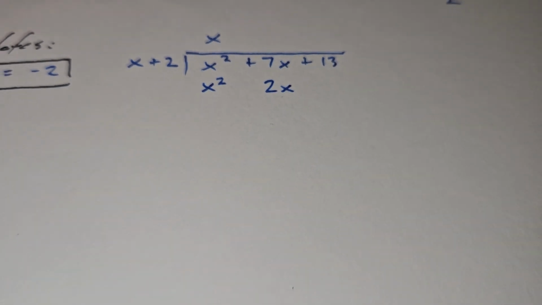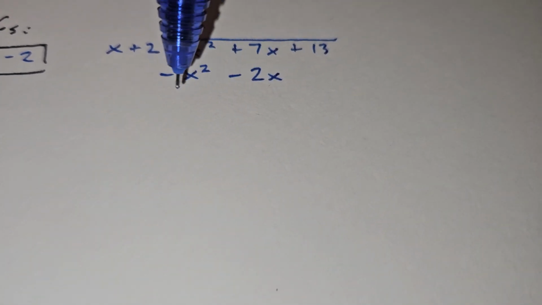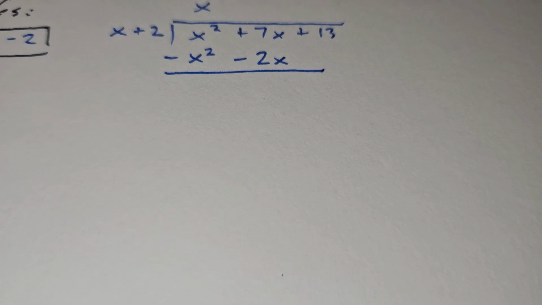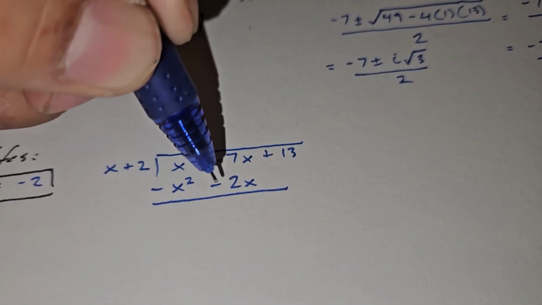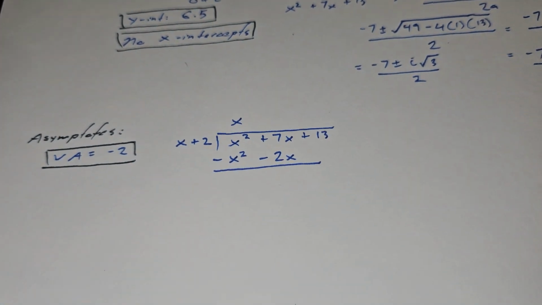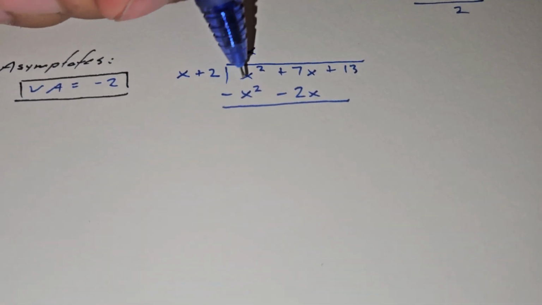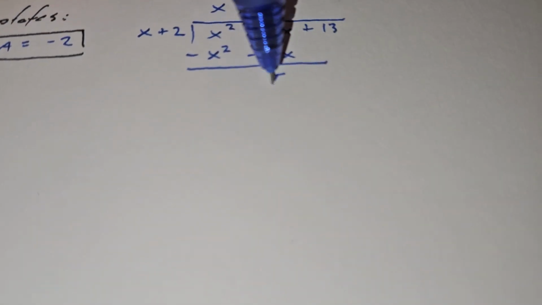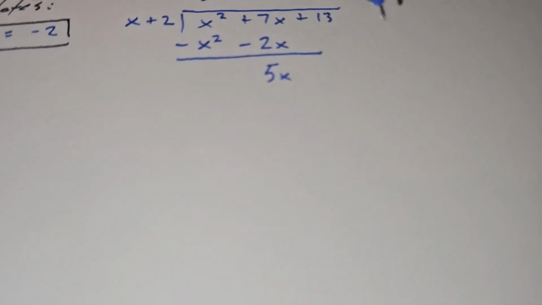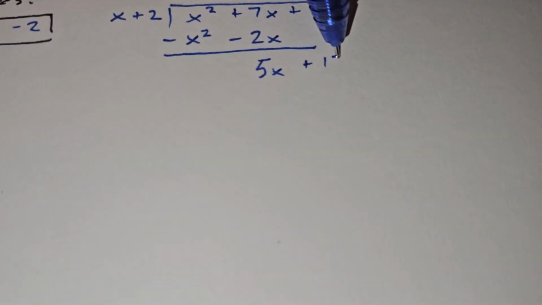And let's subtract. If this was a negative, by the way, when you subtract you're going to switch the sign to a positive, but when it's not a negative, just subtract normally. So this is going to be 0. 7x minus 2x is 5x. Then we bring down the positive 13.